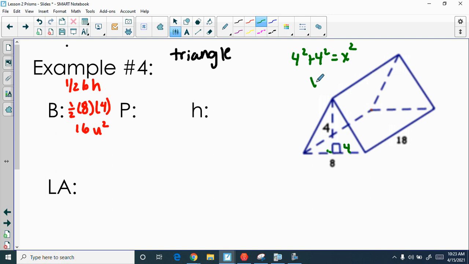And we'll find that x is equal to 5.7. So this side is 5.7 and this side is 5.7. So we're going to have 8 plus 5.7 plus 5.7 to give us 19.4.